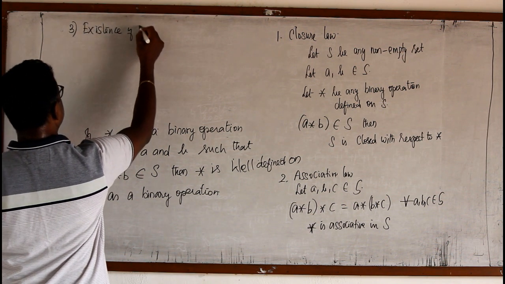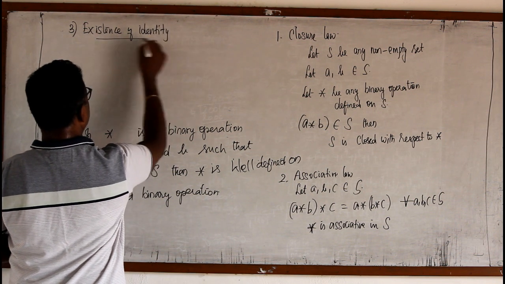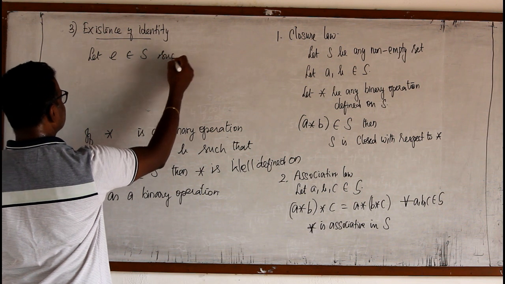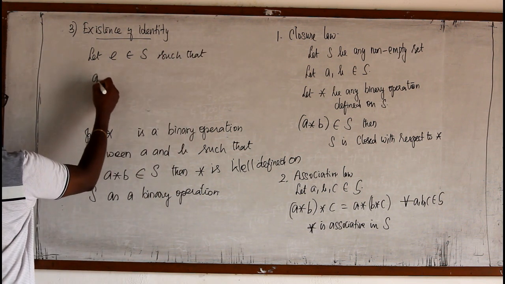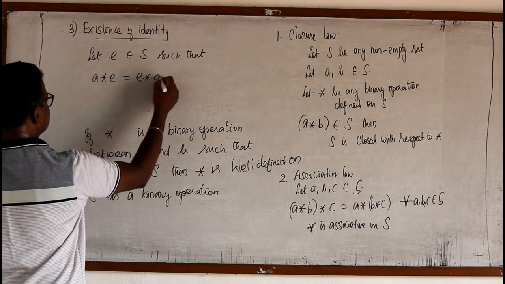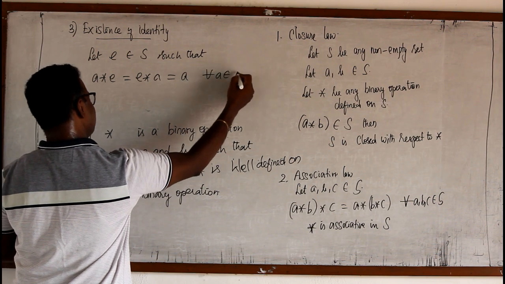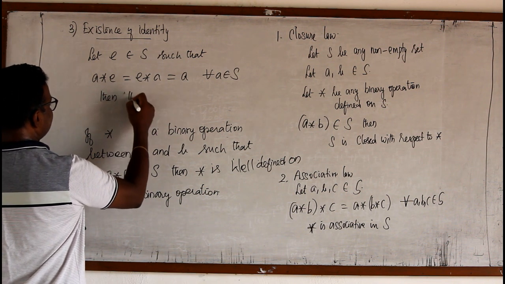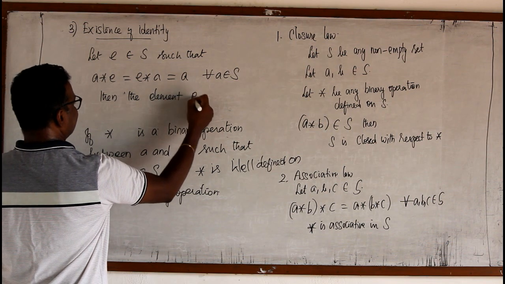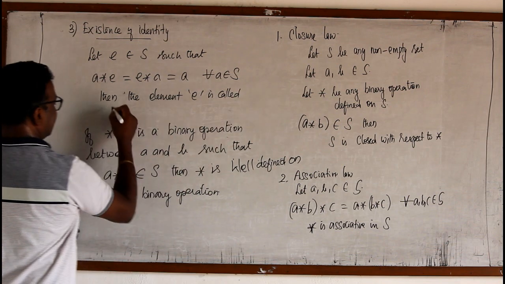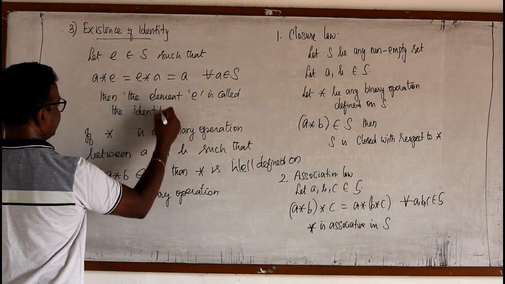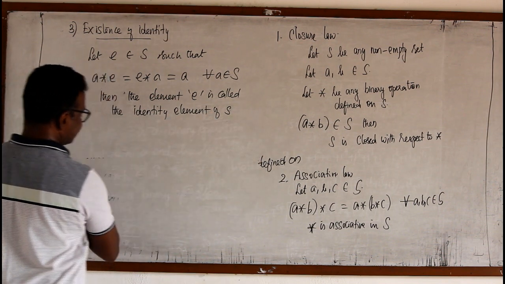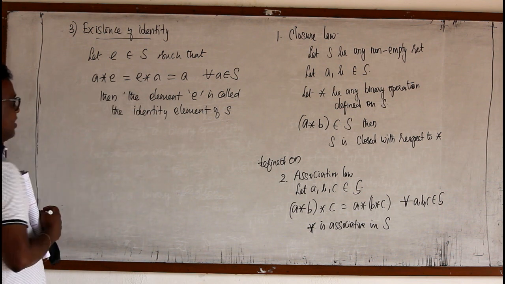Suppose I have an element E belonging to S, such that with respect to that operation, either A star E or E star A gives me A, for any A belonging to S. Then E is called the identity element of S. That is, in the operation on S, E won't get involved.